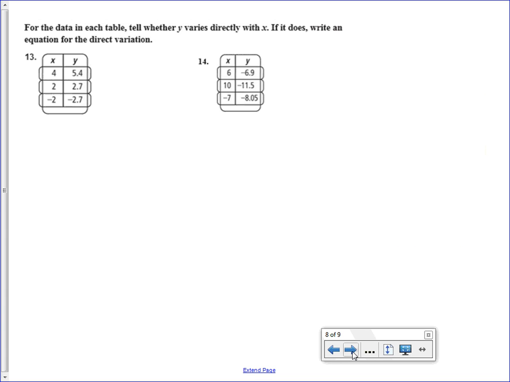Next thing. Tell whether y varies directly as x. If it does, write the equation of direct variation. So in order to do this, for each one of these lines, you're going to take the y divided by the x. So 5.4 divided by 4 gives you 1.35.